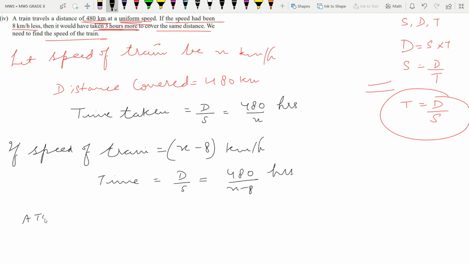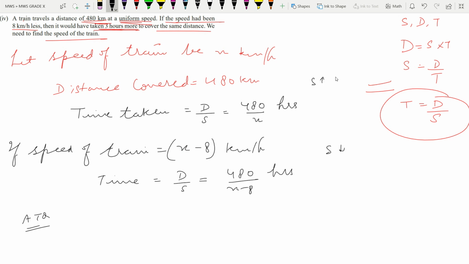So according to the question now, there is a time difference in both the cases. If the train goes by this speed x, then time taken is 480 by x. If speed is x minus 8, then time taken is this. Where the speed is high, can you tell me? Here we have subtracted the speed by 8. So here the speed is less and here the speed is high.